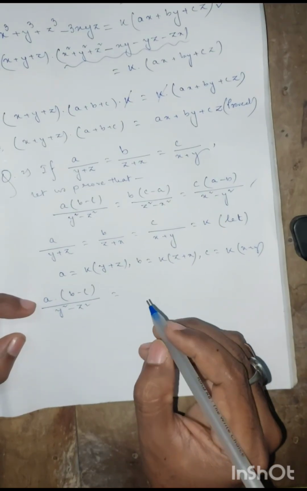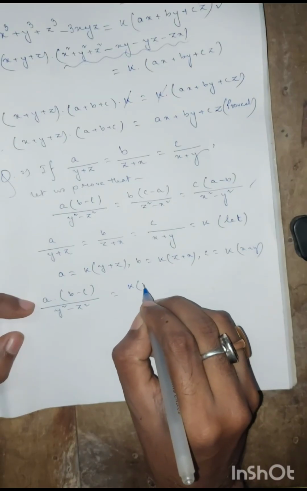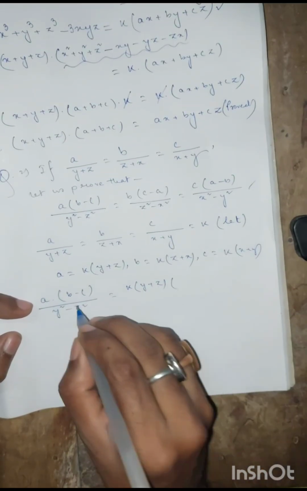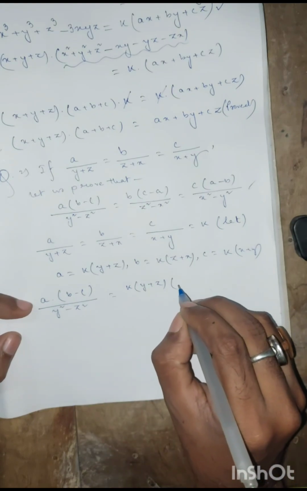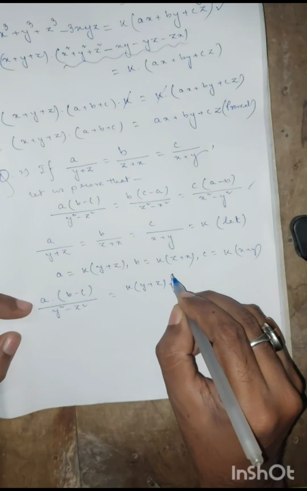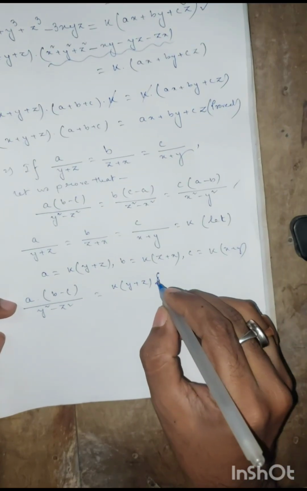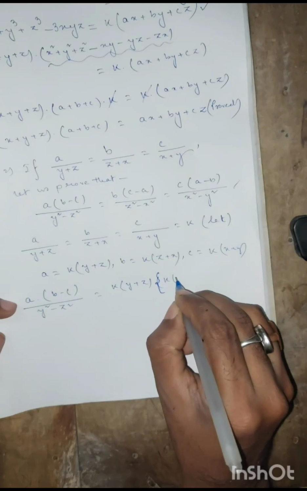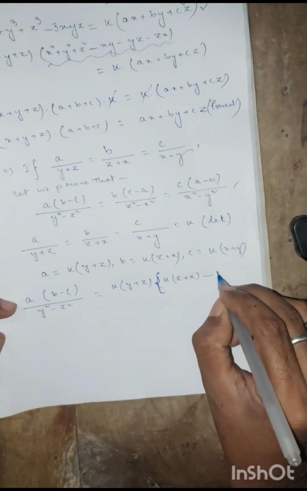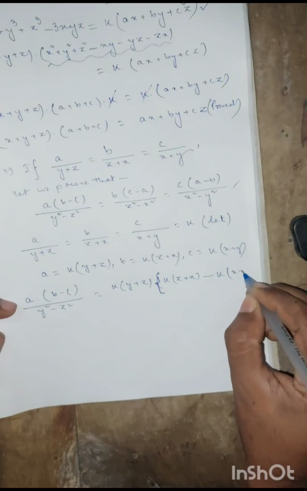In place of a we can easily write k into (y plus z), and in place of b we can write k into (z plus x) minus k into (x plus y).